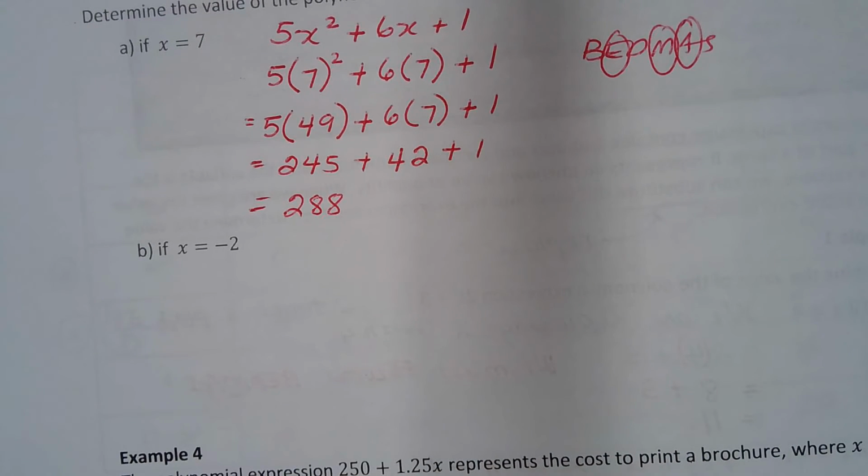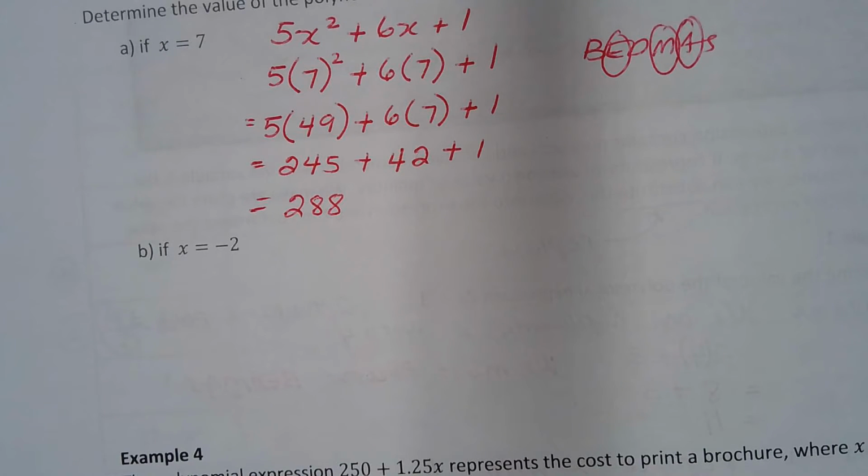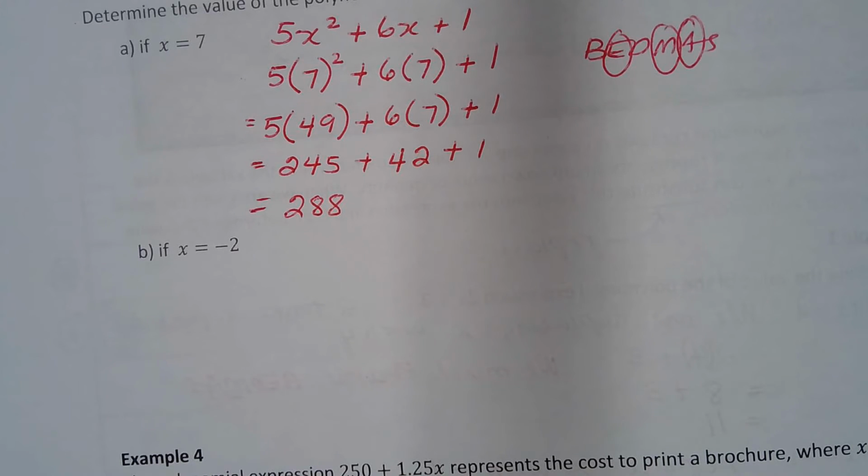Just to go back to your second step, when you say exponent, does it matter if you just do it all together? So what did you do? I did 5 times 7 squared.